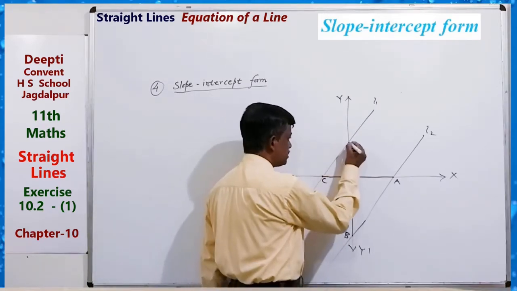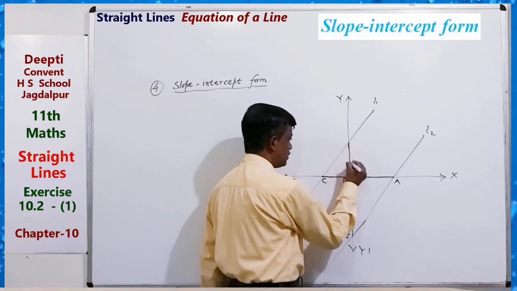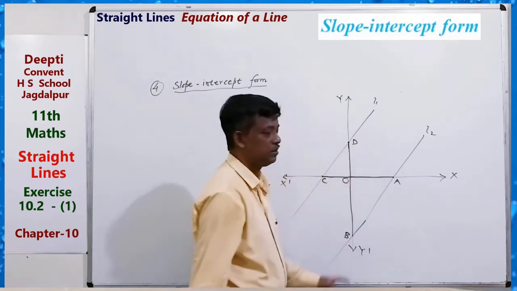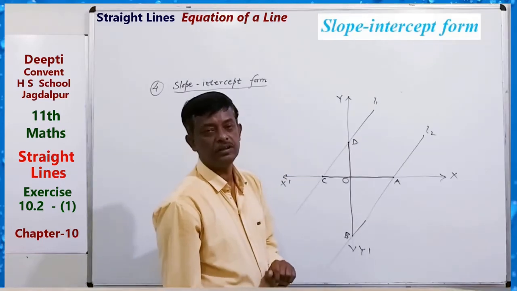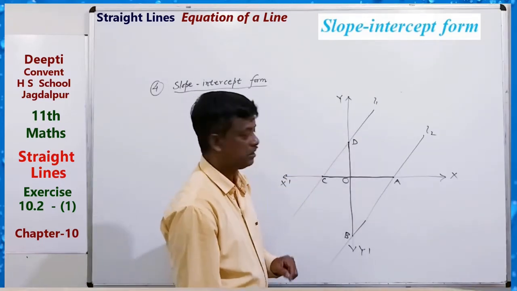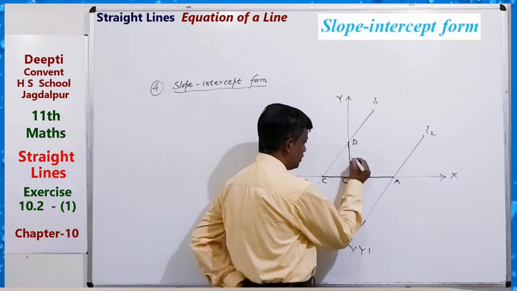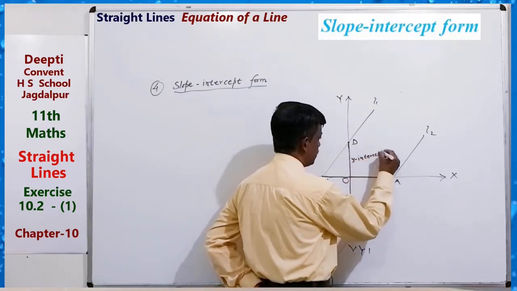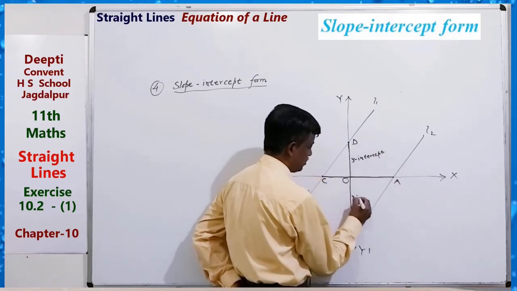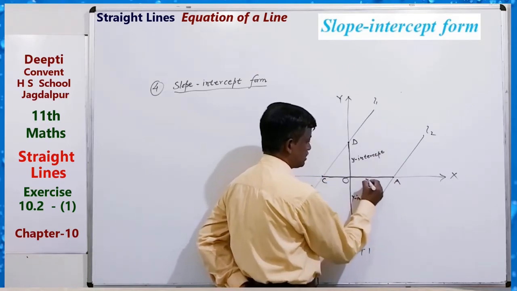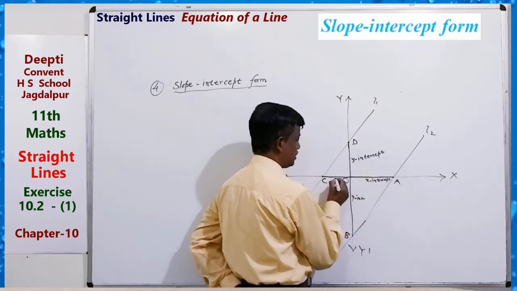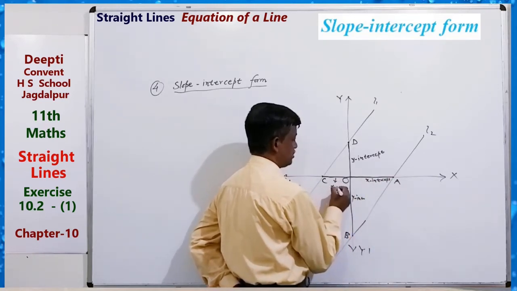This line makes OD intercept on the y-axis. This is the y-intercept. This is the x-intercept.